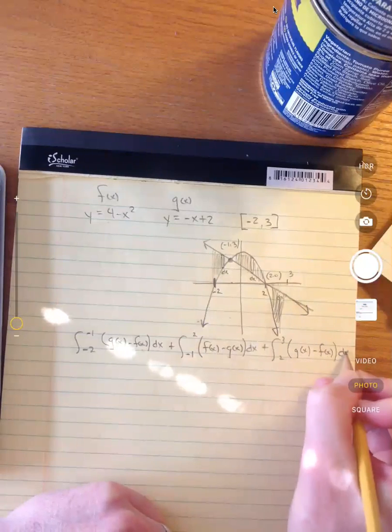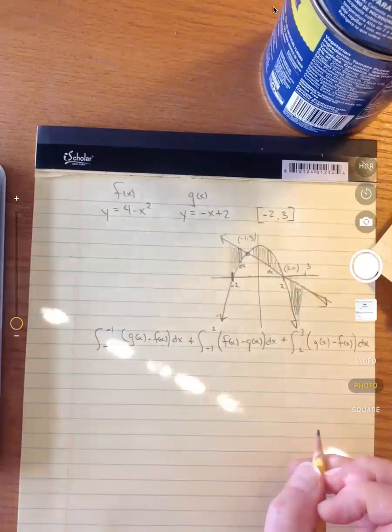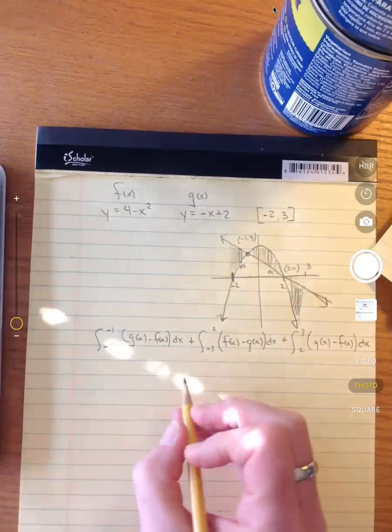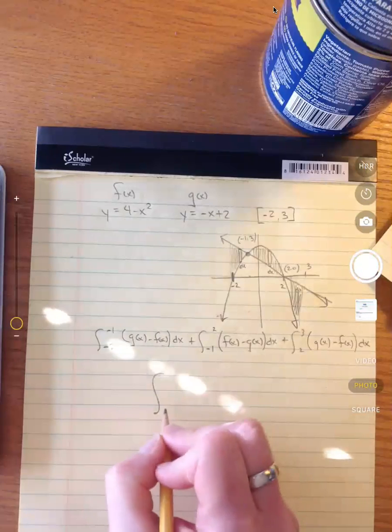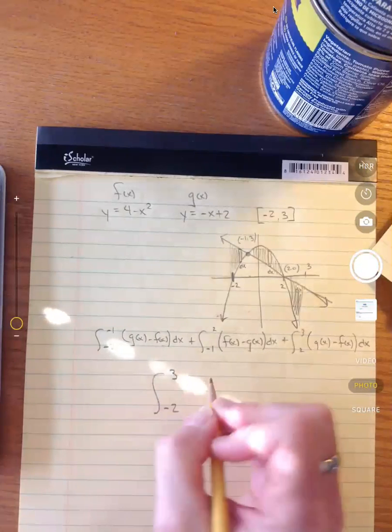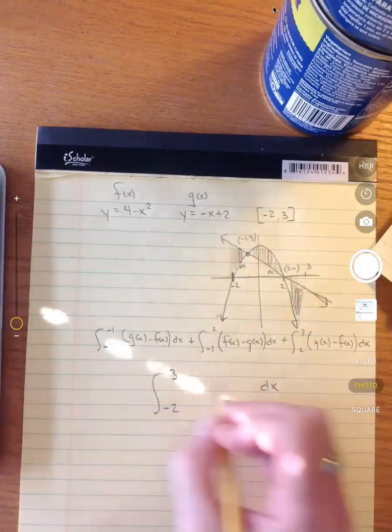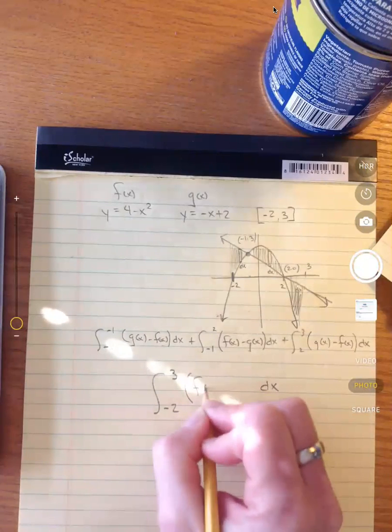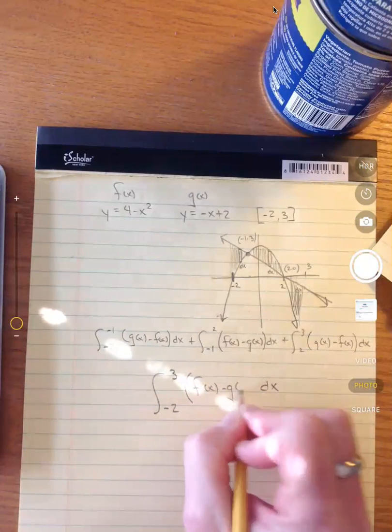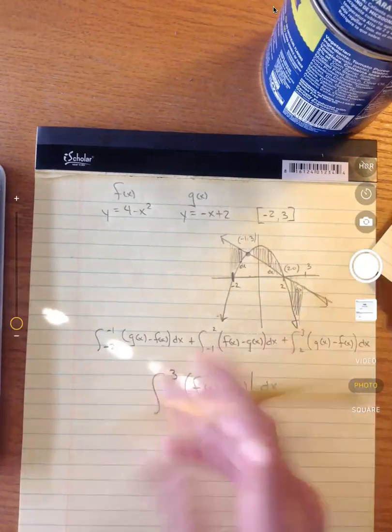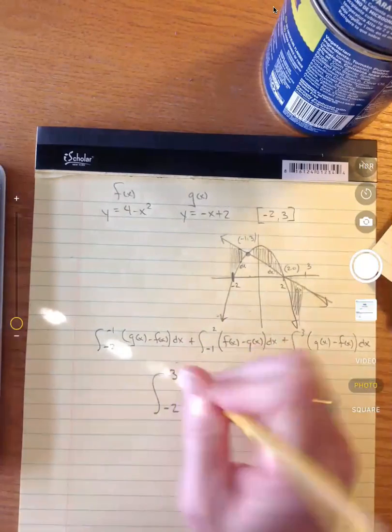And again, I could do all of these separately on my calculator, and you can try that and check. But with one fell swoop, from -2 all the way to 3, those are x values, that's my width, I can do whatever function minus the other with an absolute value.